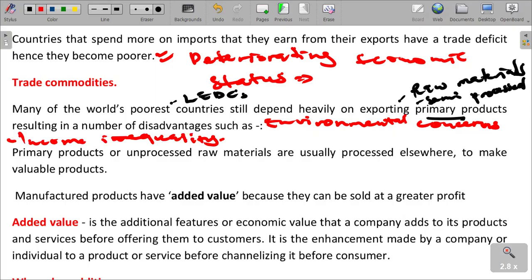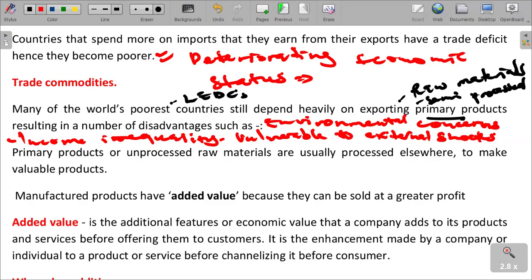We have got also problems of being vulnerable to external shocks as another disadvantage. Vulnerable to external shocks is also a disadvantage that we have there, which we say there is also economic downturns in major trading partners or disruptions in global supply chain.